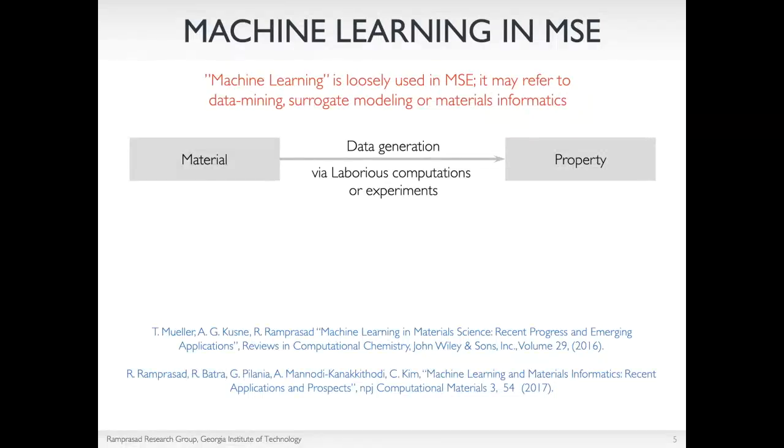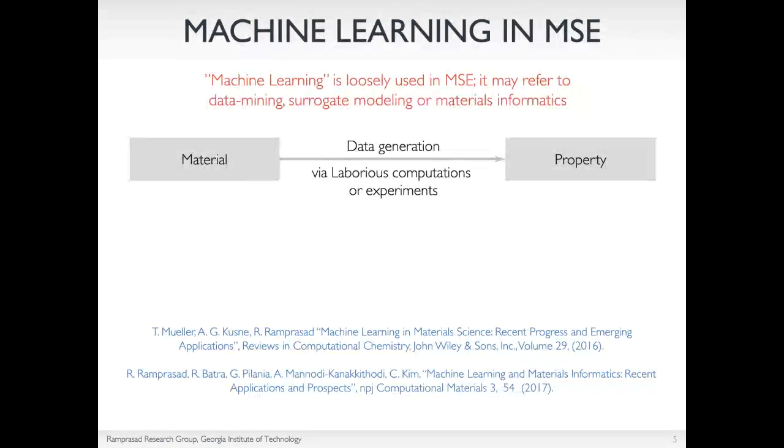Both approaches have their pros and cons, but they are both laborious and expensive. DFT calculations are not cheap. They can take time. Likewise, experiments also require a lot of resources, and they can be laborious. But we do need to resort to one or the other, either experiments or computations, to generate data.